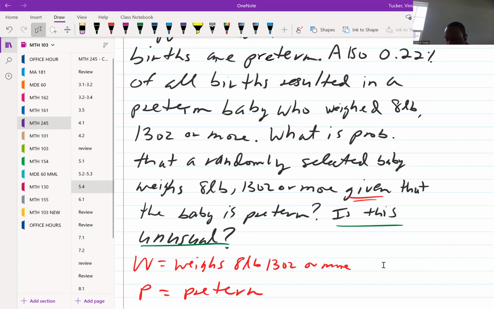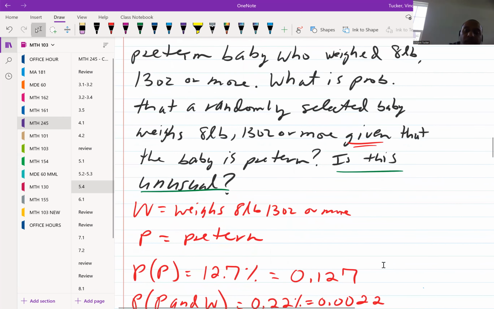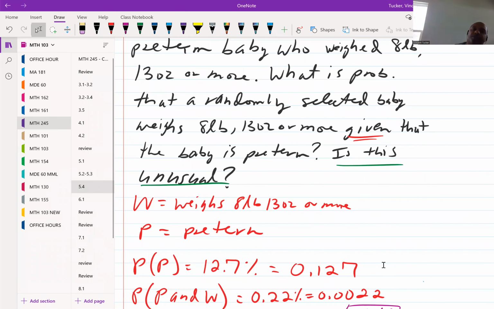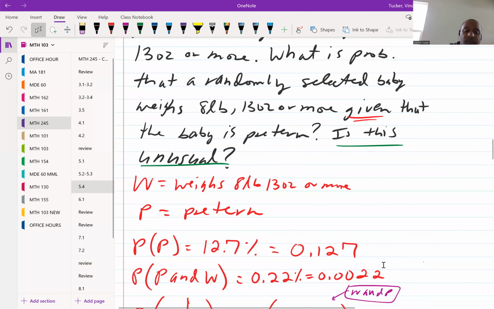Call P preterm. So we know the probability of getting a preterm baby is 12.7%, converted to decimals 0.127. And then it also tells us probability to have a baby that's preterm and weighs 8 pounds, 13 ounces or more, 0.22%, converted to decimals 0.0022.